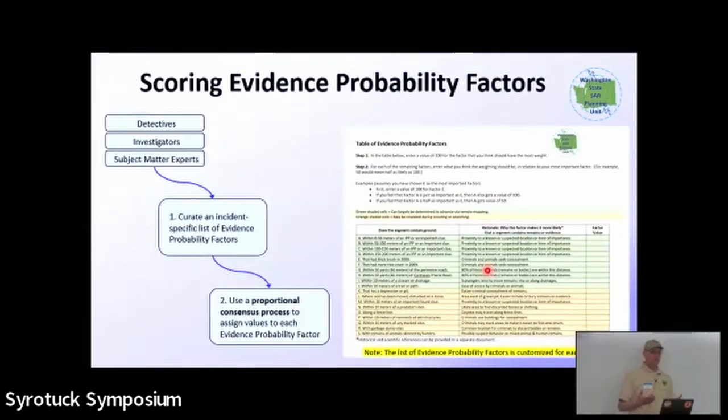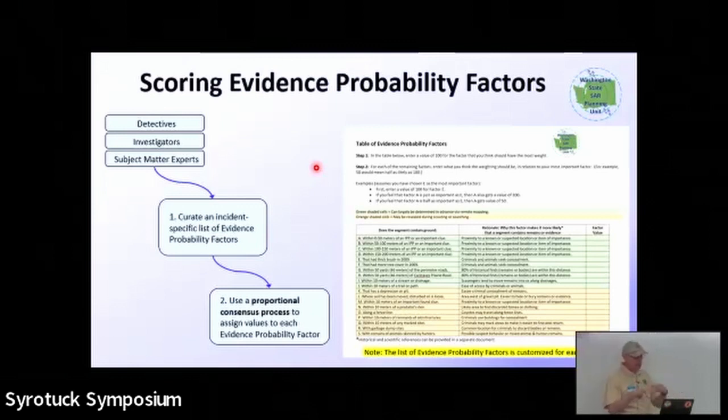We're now at the point where we have a composite list of evidence probability factors. Again, these are incident specific. And we want to obtain relative values for each one of these. So we use a proportional consensus methodology. We get input from detectives, investigators, informed planners.